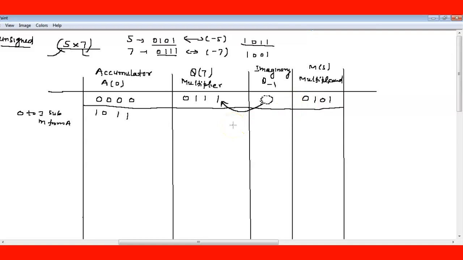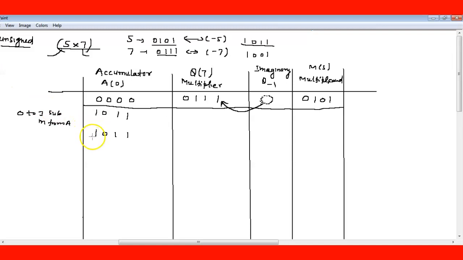So if you add these values, 0 plus anything is anything: 1 0 1 1, and the other value stays as it is, 0 1 1 1. Better you add it and write this one as it is. So this is the addition.